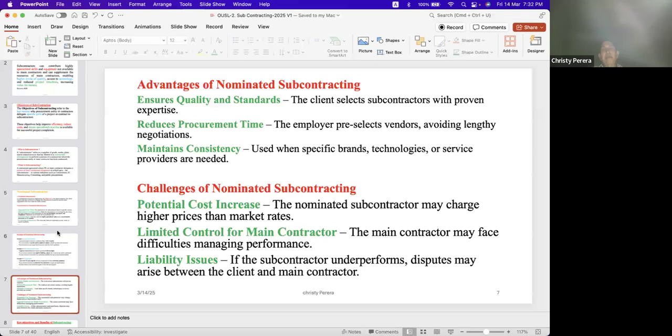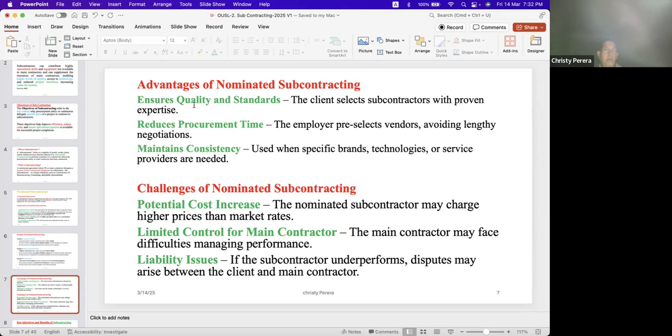Advantages of a nominated subcontractor. What is the advantage? It ensures quality and standards, because the client says, I select subcontractors with proven expertise. Otherwise, I can't select.